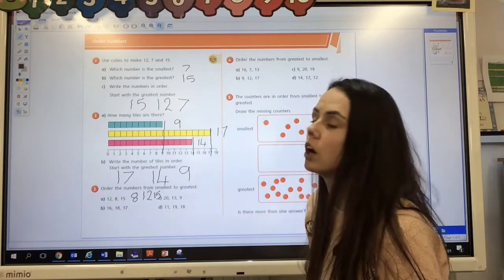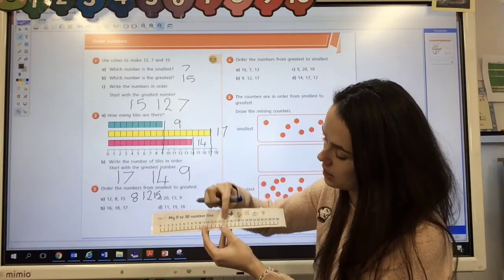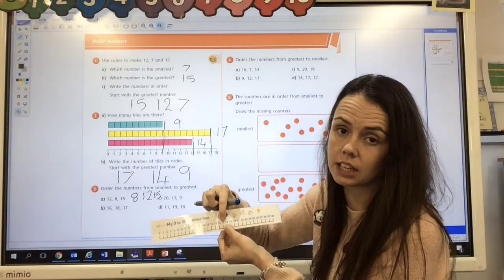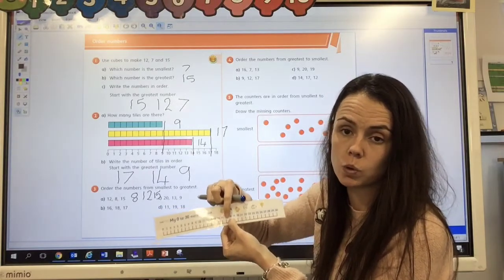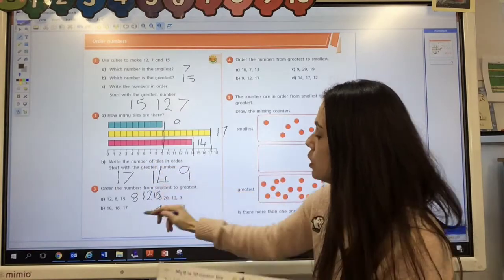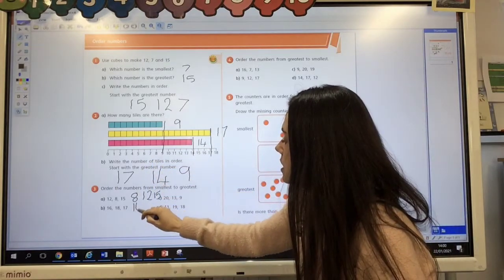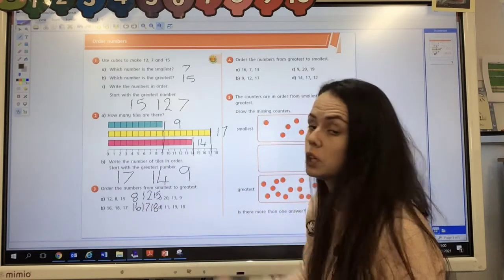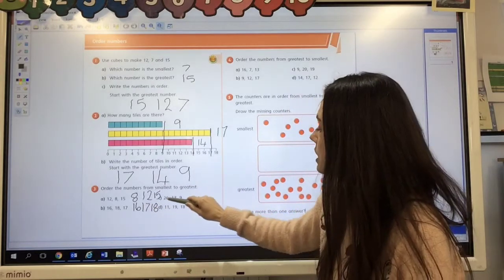Next here we've got 16, 18, and 17. Now those three are in order. 16, 17, and 18. So it will go 16, 17, 18. Well done. Now let's have a look at these ones.